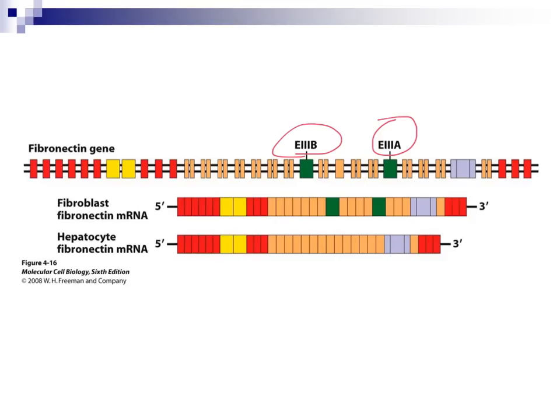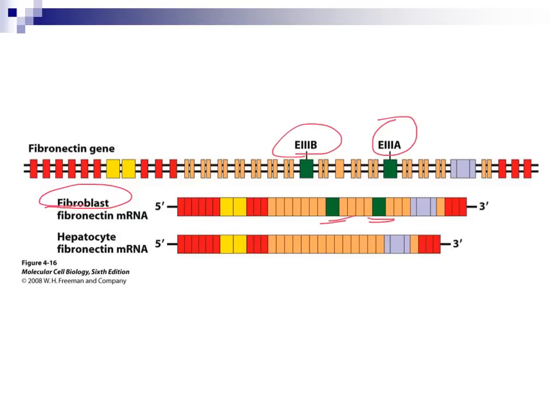In this particular gene, when you are going to make this gene and transcribe it, and then use that messenger RNA to create a protein, if you notice the fibronectin messenger RNA that comes from one particular cell, which is known as a fibroblast, here you have both of these green regions included, E3B and E3A. You can actually see them right there and right there.